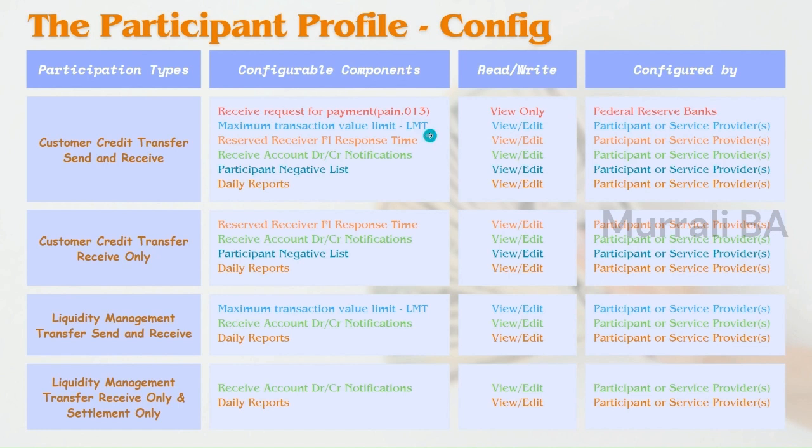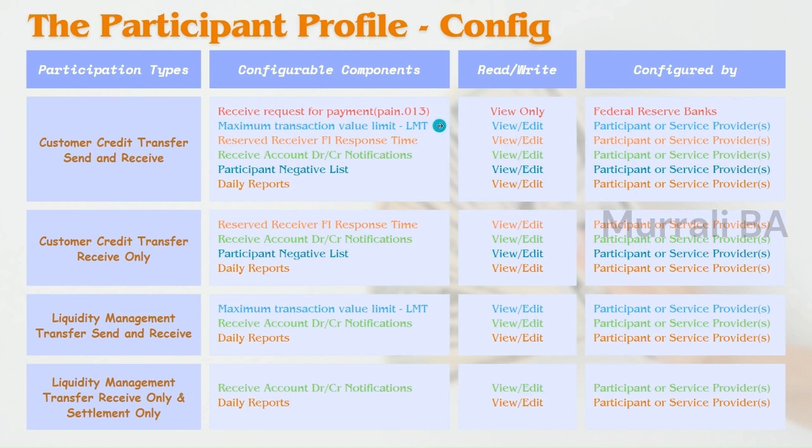Likewise, there is another limit, the maximum transaction value limit for customer credit transfer. For every single customer credit transfer, which means every single pacs.008 that originates from your bank and goes out, there is a limit. For example, let's say FedNow has a limit of $100,000 per transaction maximum.